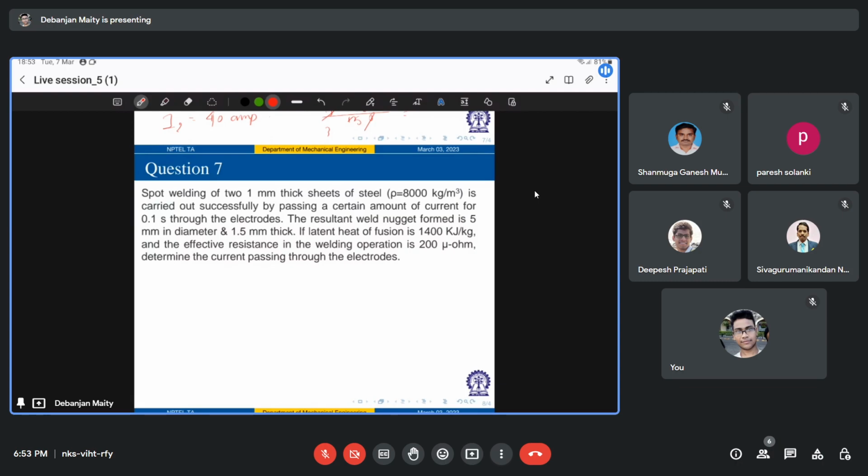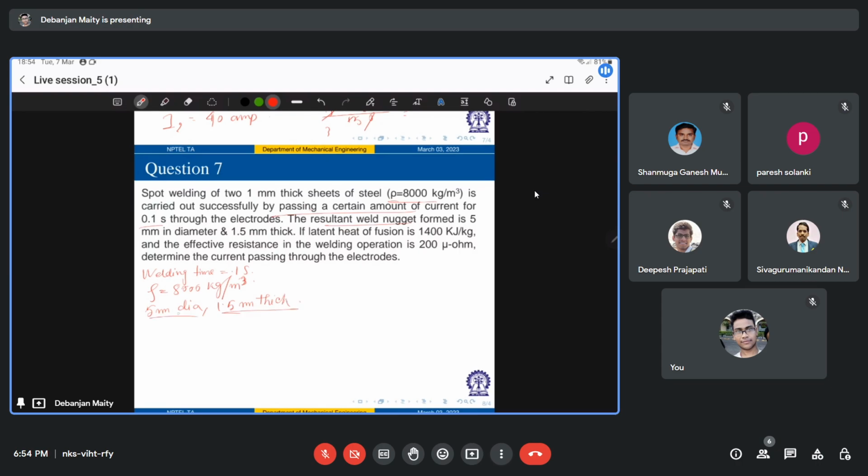We'll move to the next question. It says: in spot welding of two 1 mm thick steel sheets, for which the density is provided as 8,000 kg per meter cube, the welding is carried out successfully by passing a certain amount of current for 0.1 second. The resultant weld nugget formed is 5 mm in diameter and 1.5 mm thick.